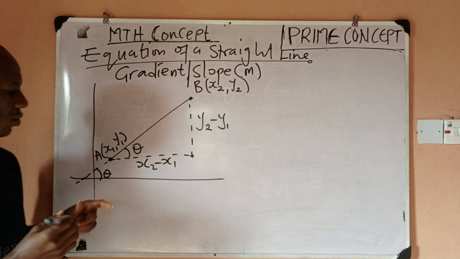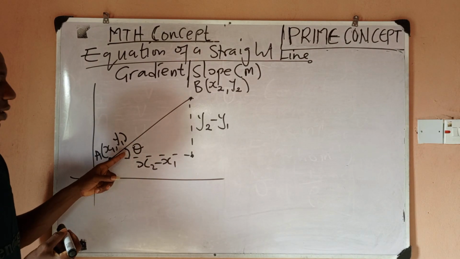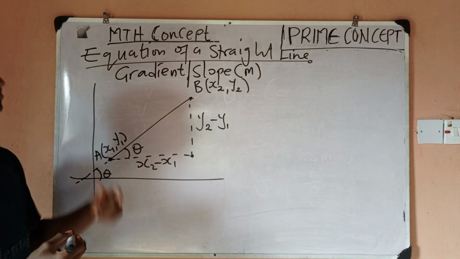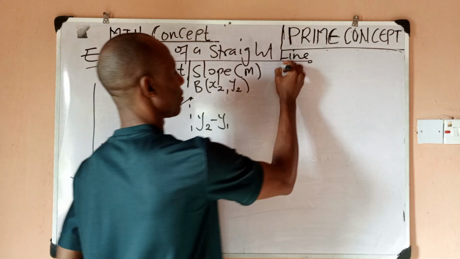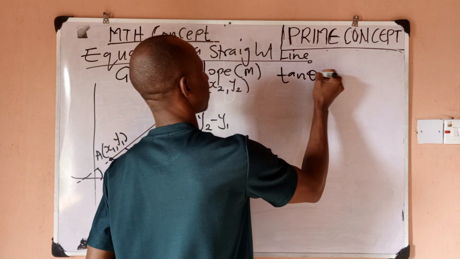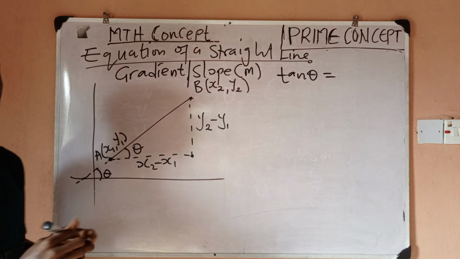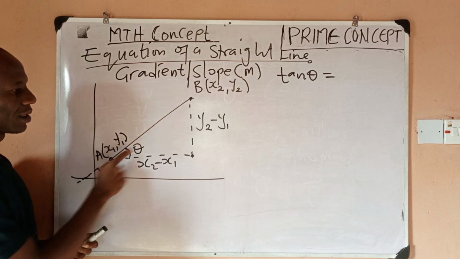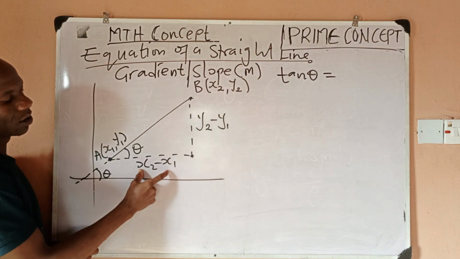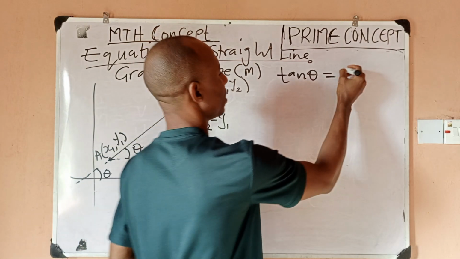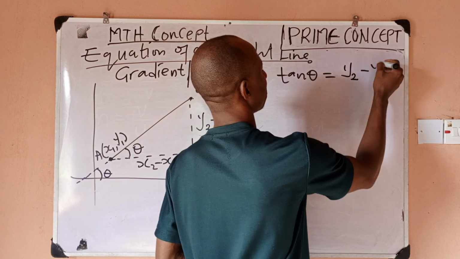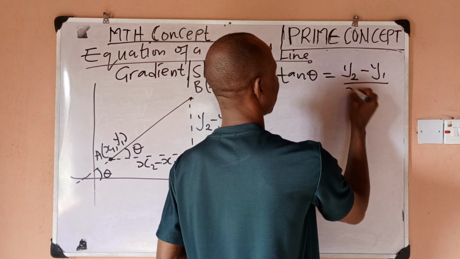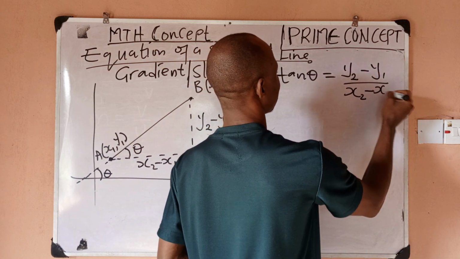So if we want to find the gradient, the tangent of the angle theta, remember from your SOHCAHTOA, tan simply means opposite over adjacent. So tan theta would be opposite, which is this, over adjacent. So tan theta would be y2 minus y1 all divided by x2 minus x1.